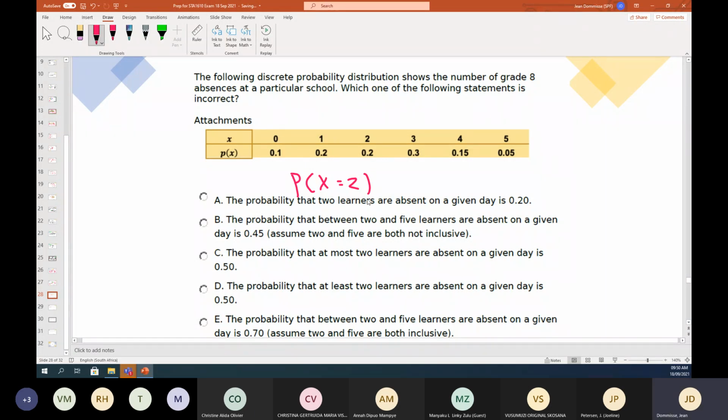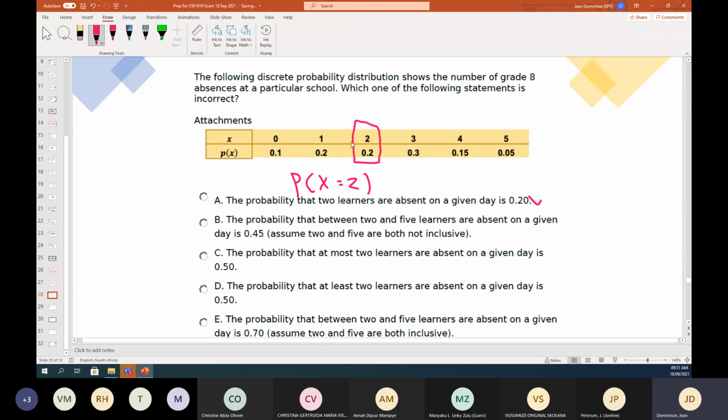Just for your exam, be wary how they phrase it. It can be that they use the short form or give long sentences, and then you just need to be very sure what you read in it. So the probability that 2 learners are absent, so x is equal to 2.